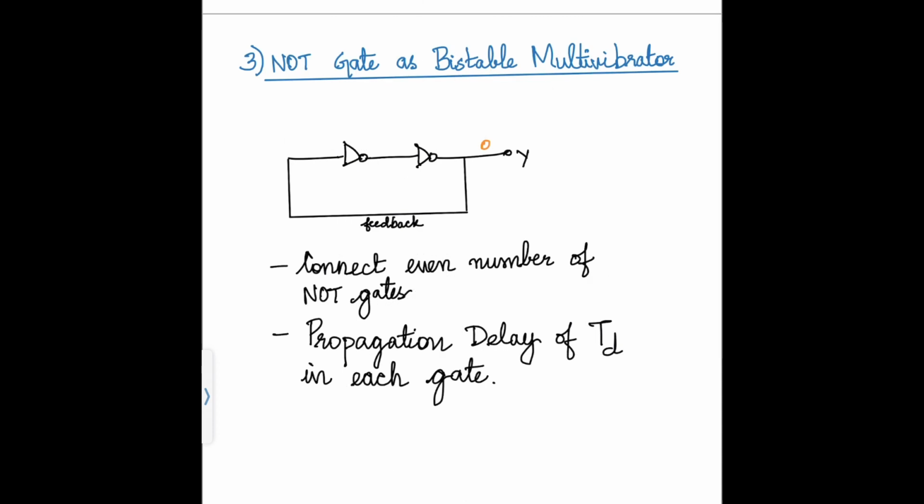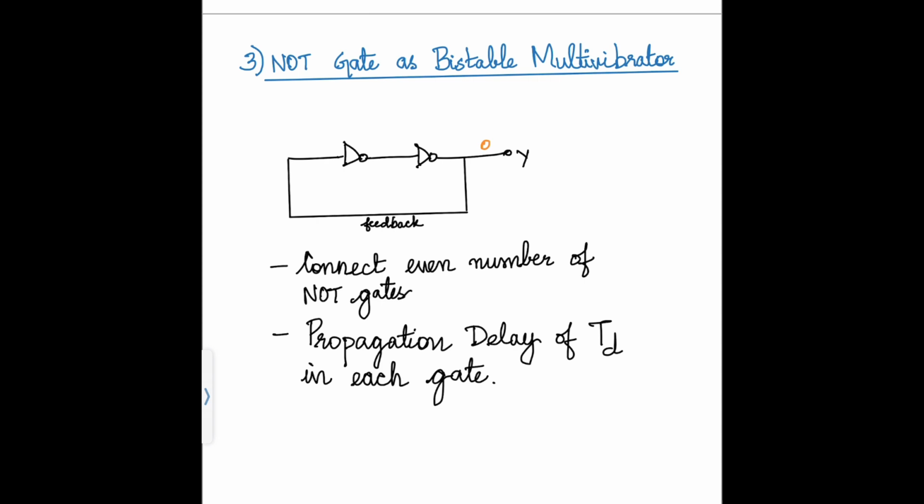Now, let us look at the second application, that is NOT gate as a bistable multivibrator. A bistable multivibrator has two stable states, 0 and 1. So, if we give the input 0, it should stay in that stable state 0. If we give the input 1, it should stay in the stable state 1. Let's look at the implementation.